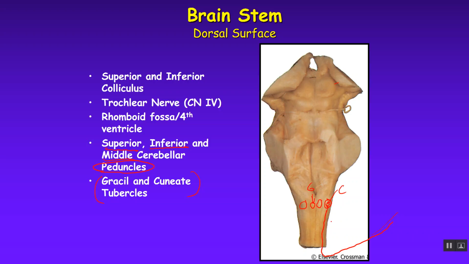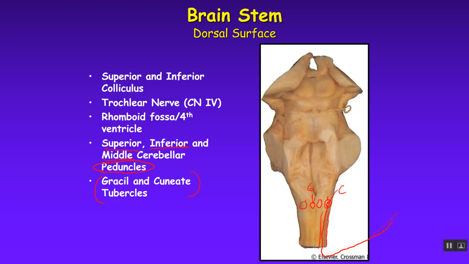There's this thing right here called the fasciculus cuneatus. Remember, a fasciculus is a kind of pathway, a smaller bundle of typically axons. The fasciculus cuneatus is bringing up axons carrying proprioceptive information from your upper extremities. It synapses here, and then it goes up further.